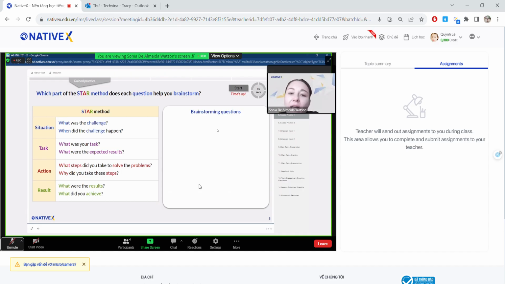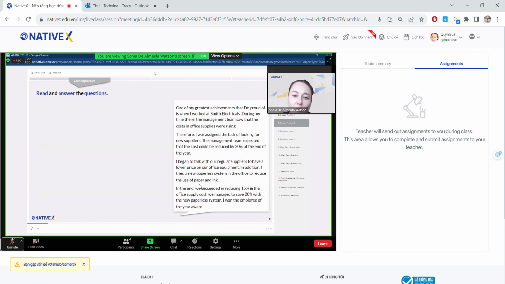Okay, everyone, let's try and remember these questions, because these questions will help us provide the information that we need for each part of our STAR method. Now, let's move on to the next part over here. Here we can see a great answer using the STAR method. Let's read this and let's try and guess which parts are for the situation, when did the challenge happen, and what was the challenge, or what was the problem?